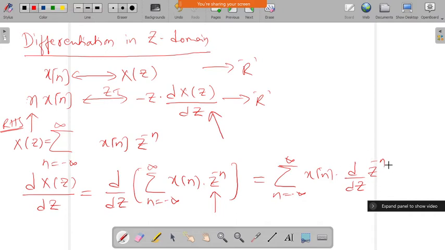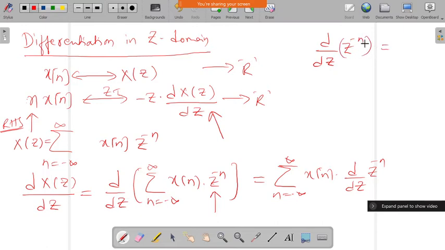Now what is the differentiation of d by dz of z power minus n?